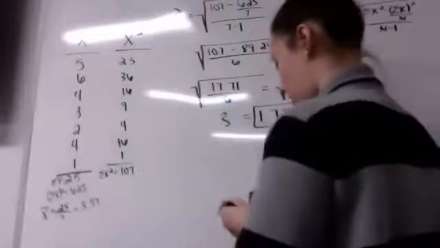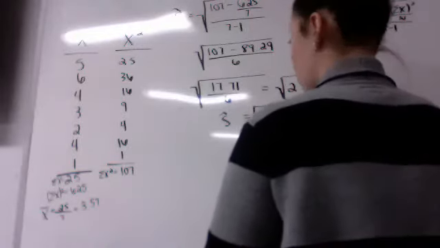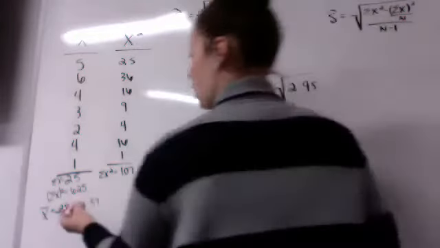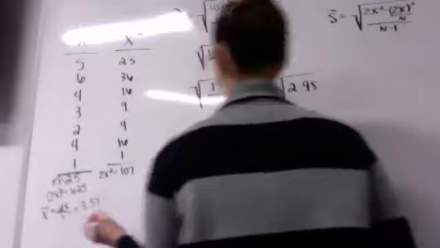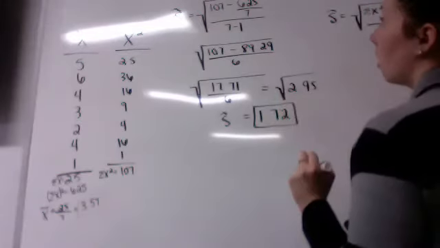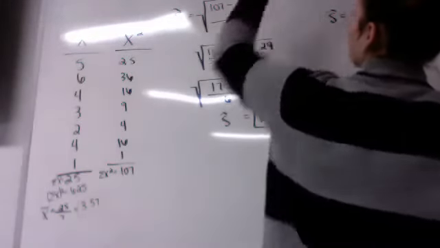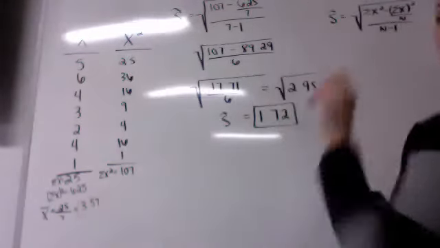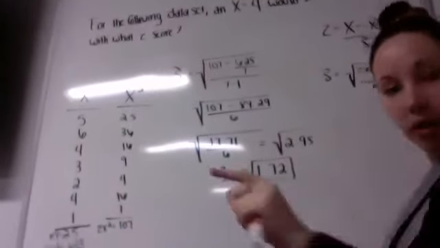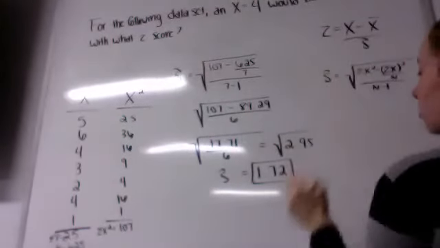So now we've got all the pieces we need. We've got our sample mean. We've got our standard deviation. And we've got our x that was given to us in the problem. So now we can go to this formula here to find our z.